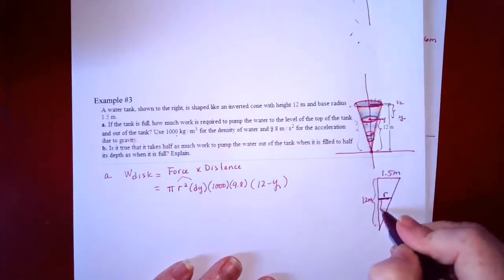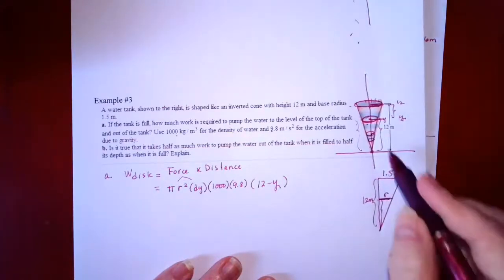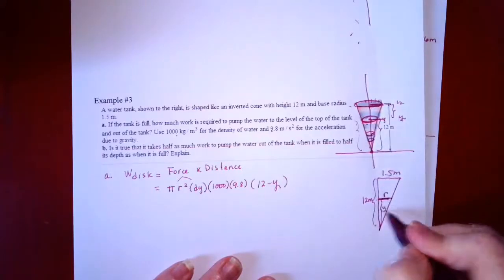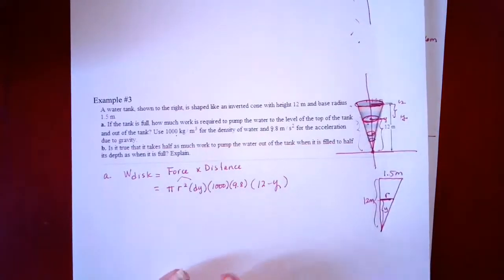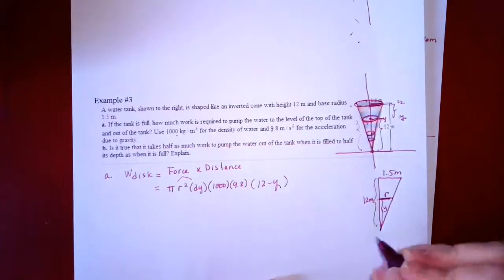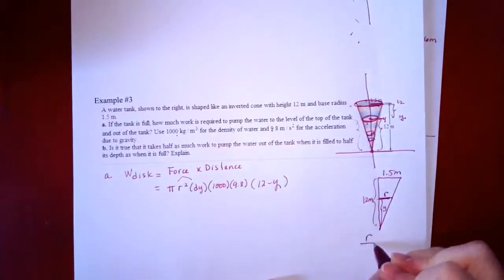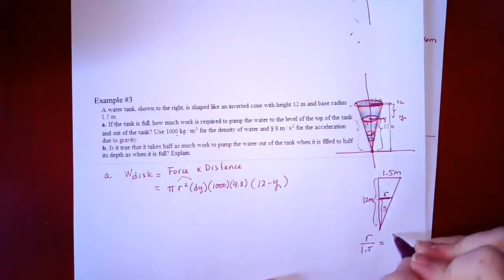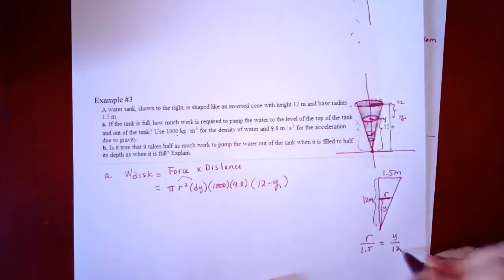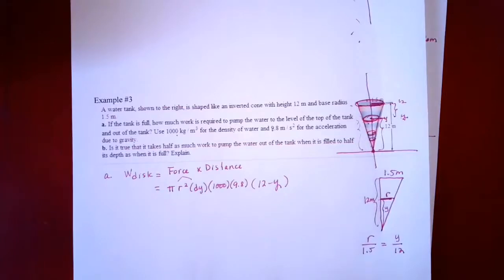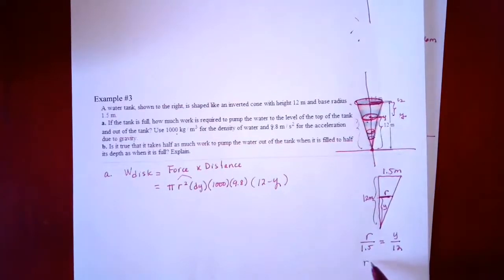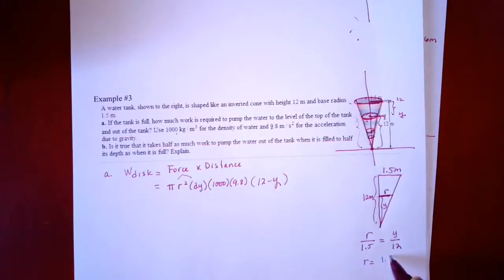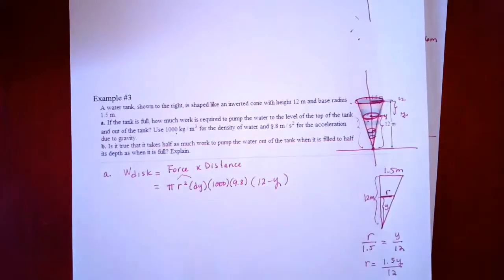And this distance, how far was that one above the bottom of the tank? It was y. So I'm going to use similar triangles and say that r over 1.5 would equal y over 12. So r would be 1.5 y over 12.